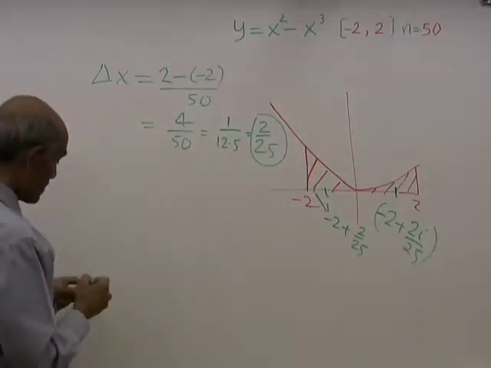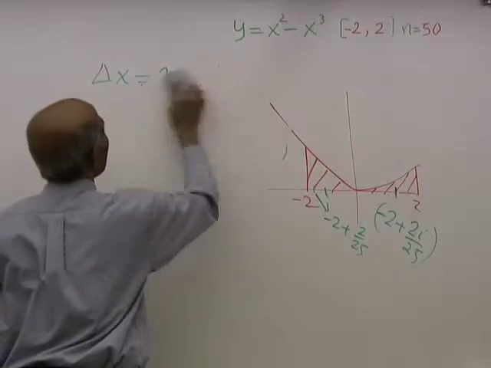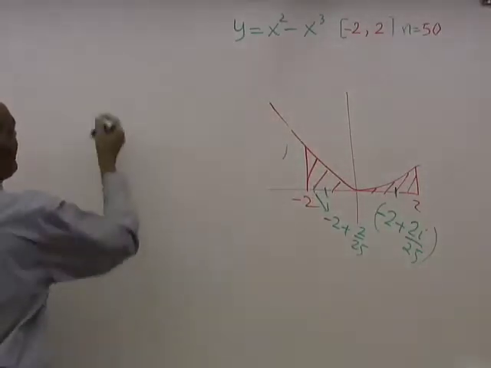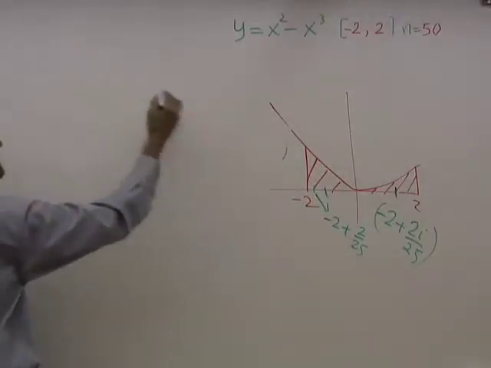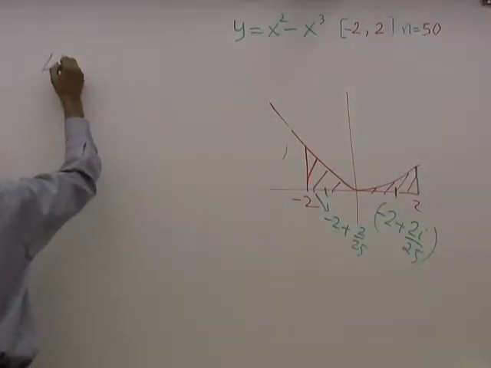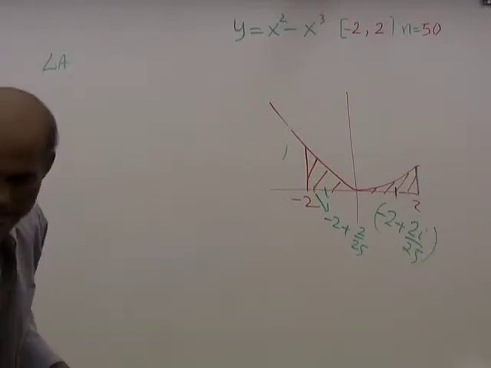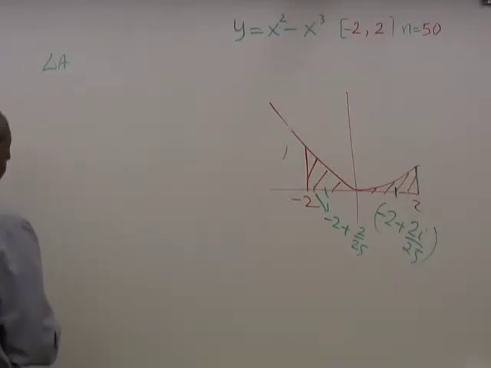And so, what will our sum look like? The delta A, therefore, will be, can you think along with me? What will delta A be equal to?